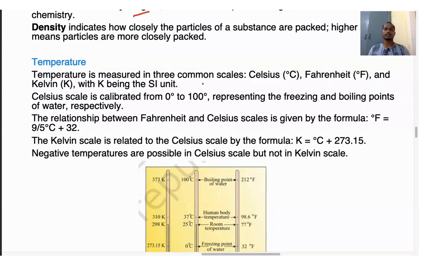Celsius is calibrated from 0 to 100, and these are the limits of the freezing point and boiling point of water respectively. If it is 0 Celsius, it means the freezing point of water, and 100 Celsius means the boiling point of water.